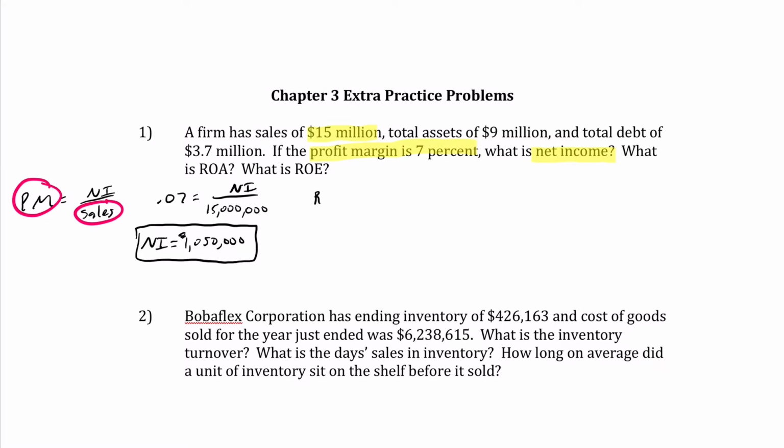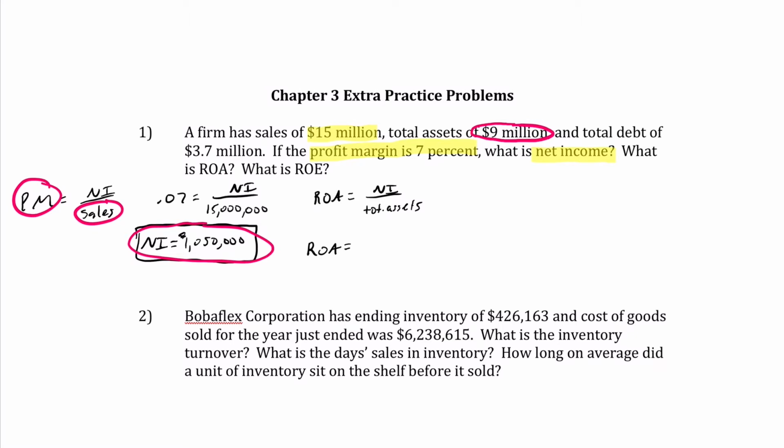So let's ask ourselves, what is the equation for ROA? It is net income over total assets. Well, what's nice about this is we just solved for net income and they gave us total assets. So we are given both of the pieces of information needed for ROA, so we simply insert into our equation, where this one is a little bit more straightforward, just one number divided by another.